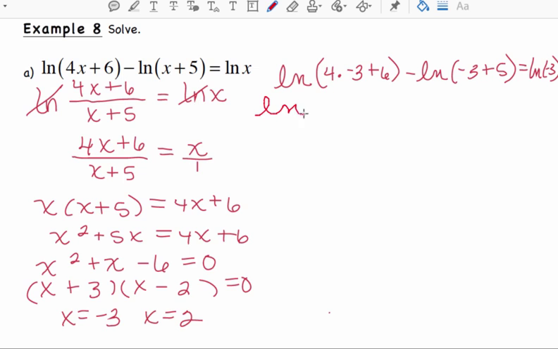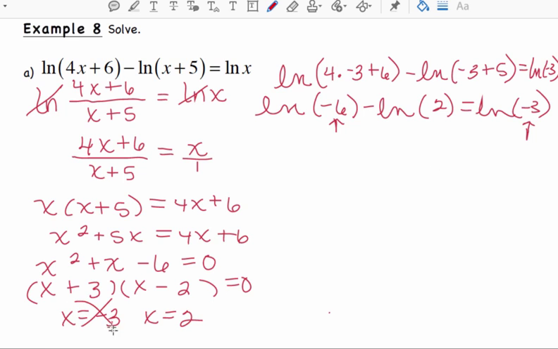And this is the natural log of negative 12 plus 6 is negative 6 minus the natural log of 2 equals the natural log of negative 3. So I already have failed like multiple times over because you can't take the log or natural log of a negative number. So right there is a fail, and right there is a fail. And so negative 3 is an extraneous solution.